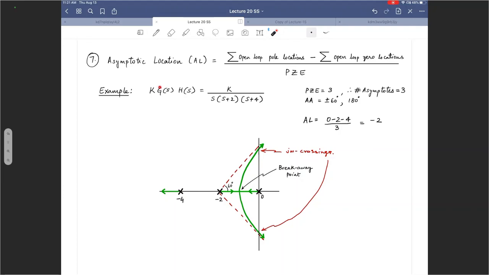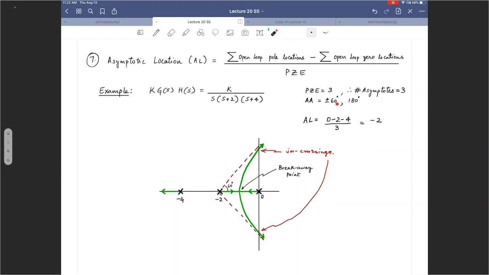So if you take this particular example, K times G(s) times H(s), suppose we have a specific example, K divided by s times (s+2) times (s+4), we know that PZE is going to be 3 poles minus no zeros, so 3. The number of asymptotes is the same as the number of poles, so 3 of them.